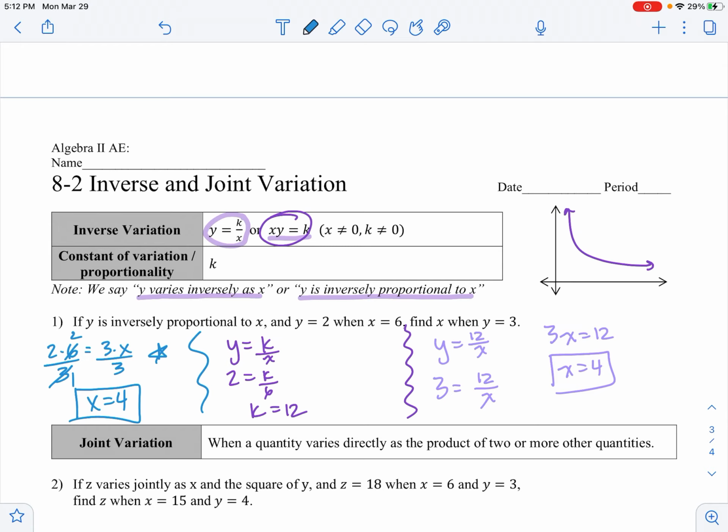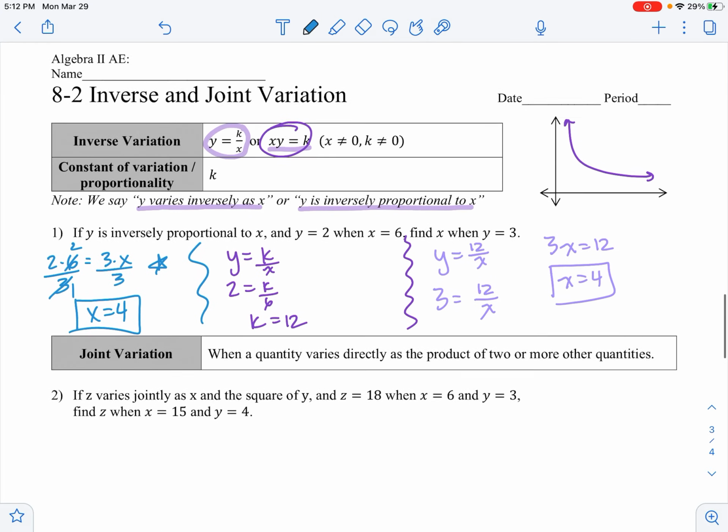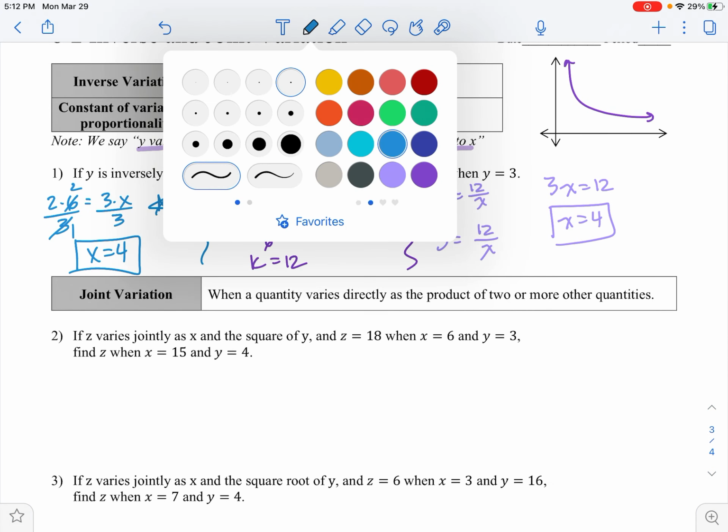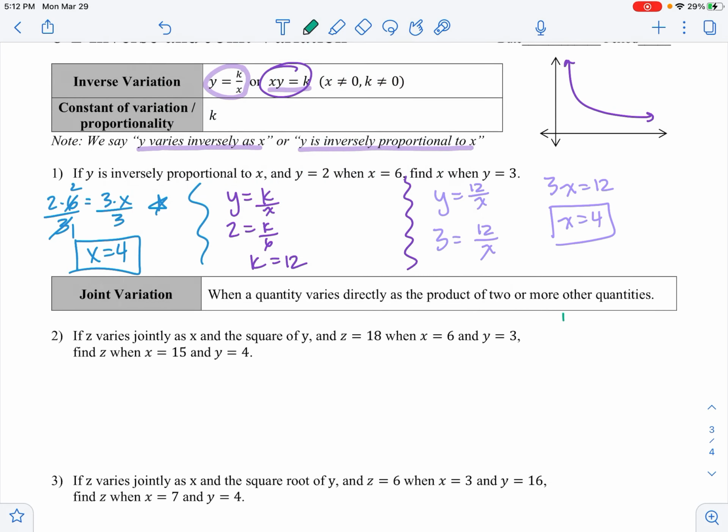All right, and last, we have joint variation. Joint is generally direct variation, and it's when you just have more. So often your joint variation, let's do green here, is going to be y equals k times x times z, or something like that. In this case, they're going to tell me a little bit more.